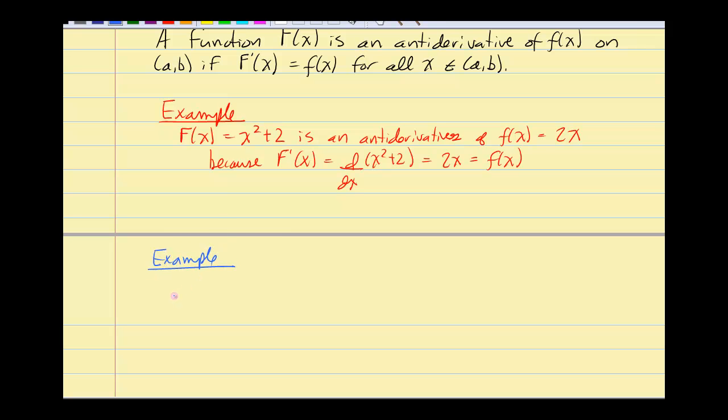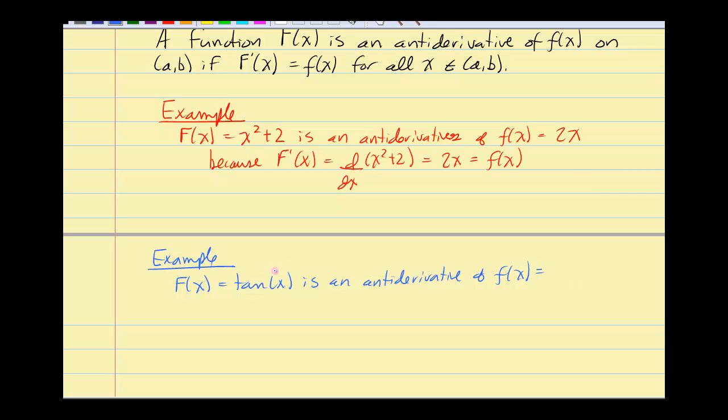Let's go ahead and look at another example involving a trig function. In this case, cap f of x is equal to the tangent of x. This is an antiderivative of lowercase f of x, and let's think about this. What did I take the derivative of to get back here?